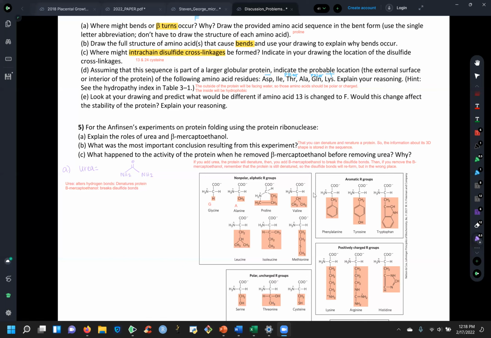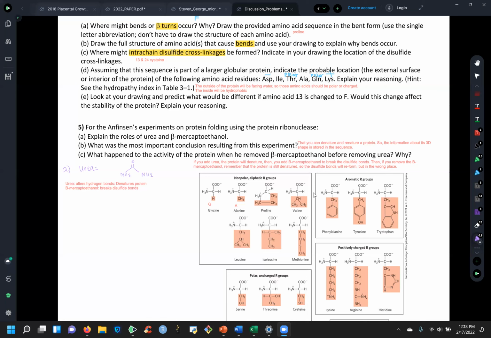So what's going to happen first? Yeah, the disulfide bridges are going to reform, and because this guy is just wiggling around in water, where are those disulfide bridges going to reform? Whoever's closest.